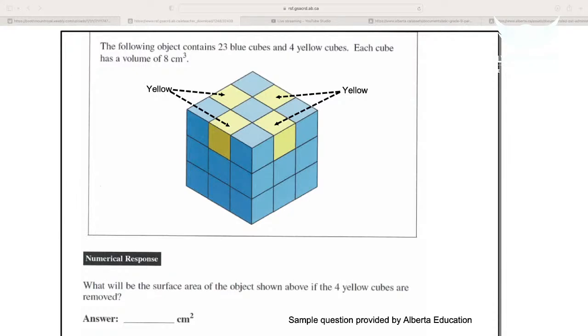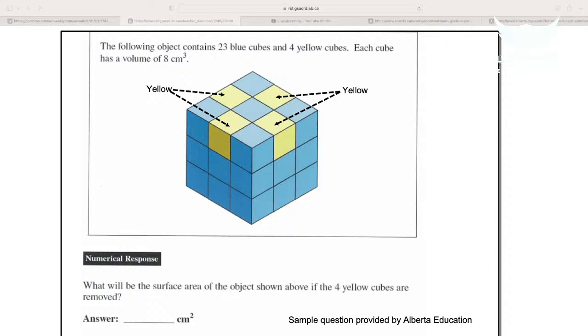Okay, again, we asked what will be the surface area of the object shown above if 4 yellow cubes are removed. Each yellow cube has 2 faces that participate in the total surface area. If we remove a yellow cube, instead of 2, we're going to have 4 faces exposed.